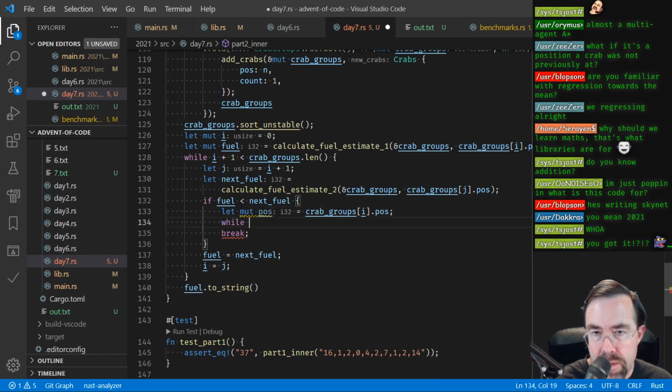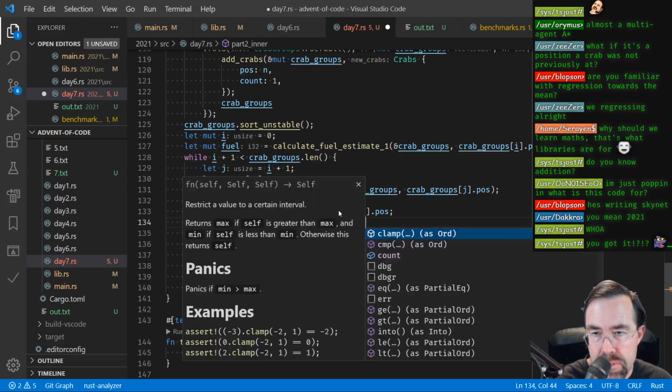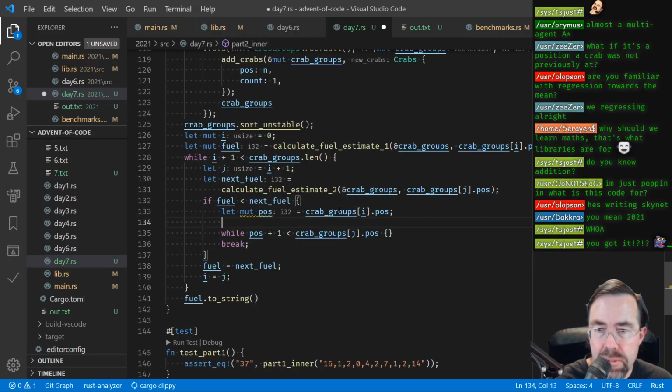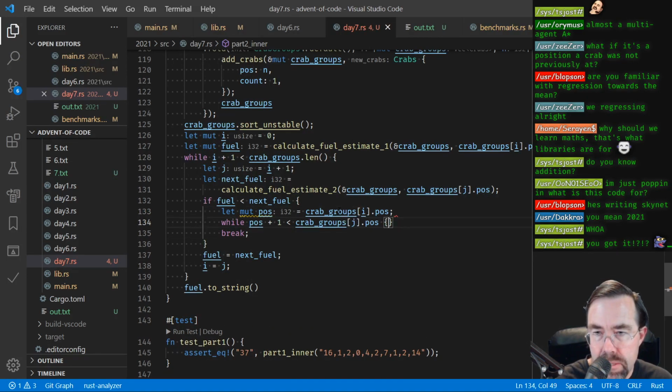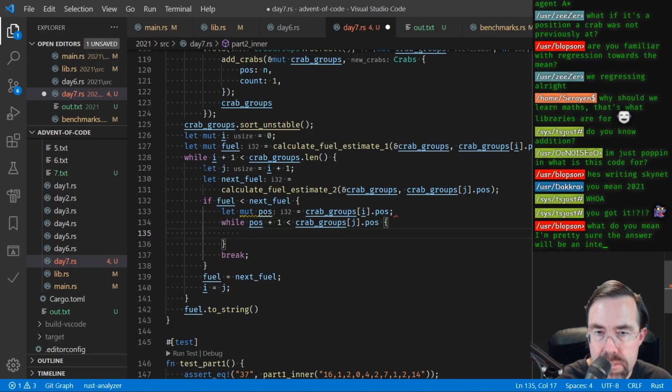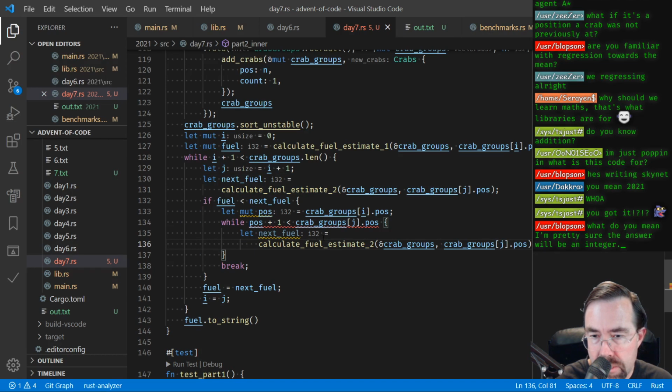And then we'll say while position plus 1 is less than crab groups j position. And then we'll say basically the same thing in here as this. Let next fuel equal... Actually, I need to reuse fuel, don't I?